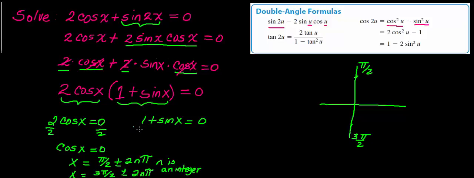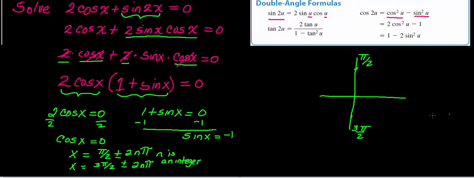For my second factor here, I'm going to isolate sine of x by subtracting 1 from each side, minus 1, minus 1. And that gives me that the sine of x is equal to negative 1. So again, I'm going to find that angle whose sine is negative 1.